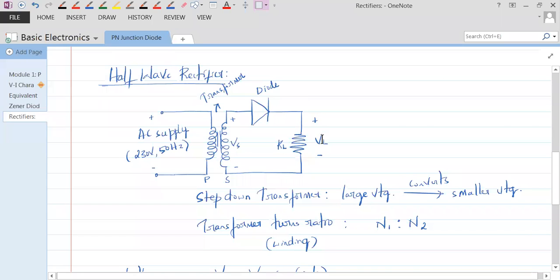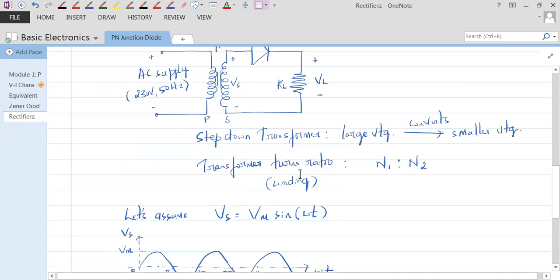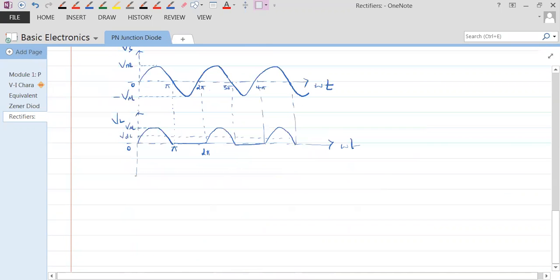Now similarly, when we have voltage VL, the current that passes through, when do we have voltage VL? When there is a current that is passing through the diode, right? So that means the load current IL we can also write, which is very similar to your VL. Okay, so this is current, mind you, this is current IL.